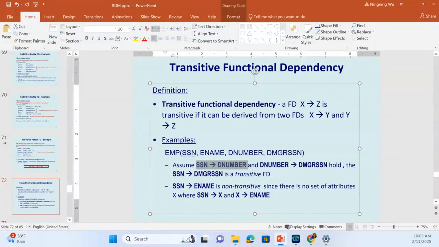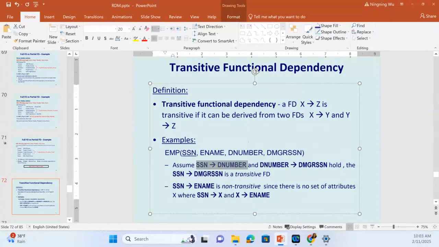A primary key always determines all other attributes in the relation. So in other words, we can have SSN determines ename, SSN determines dnumber, SSN determines mgr SSN, or a single functional dependency like SSN determines ename, dnumber, and mgr SSN. Okay.